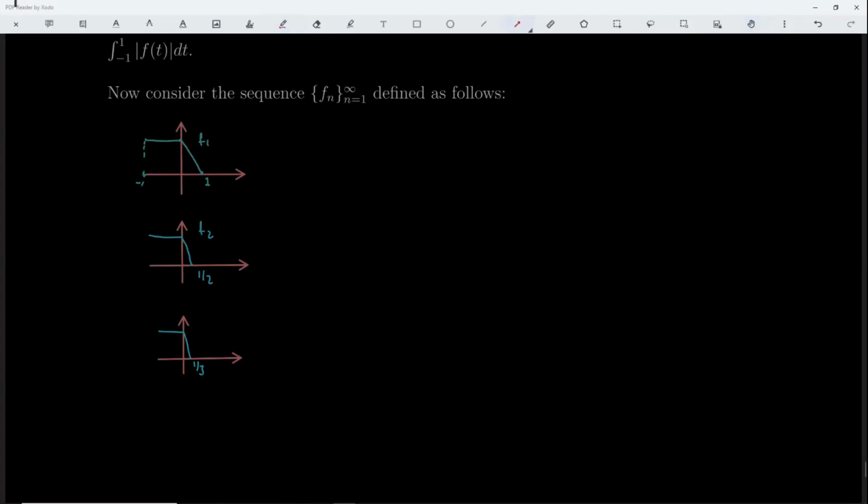So basically fn is something like this. This is 1/n. So the first question is: is the sequence Cauchy?